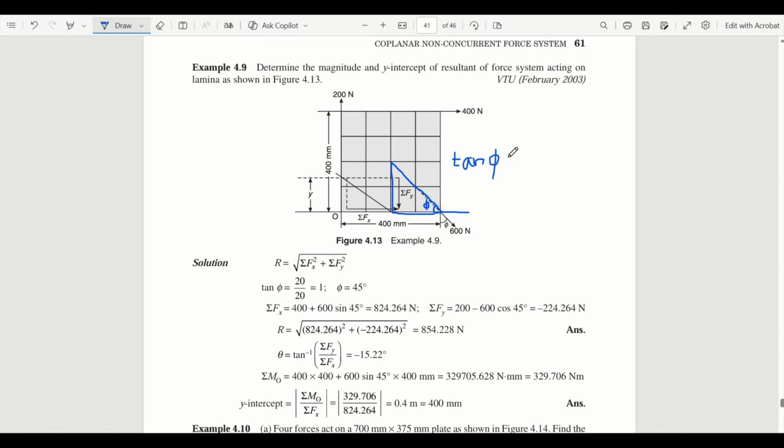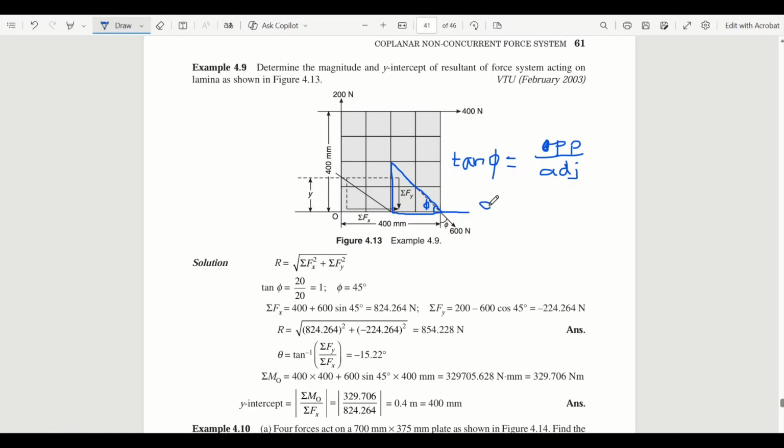Tan phi is equal to, you know the formula, opposite by adjacent, correct? So what is the opposite side? 200.